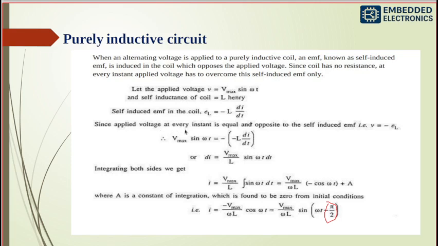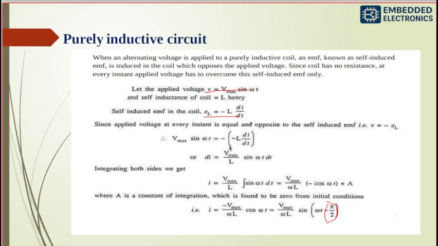Since the applied voltage at every instant is opposite to the self-induced EMF, V equals minus EL. Now substitute the values: V means V max sin omega t, EL means minus L di by dt. So this minus and this minus become positive.